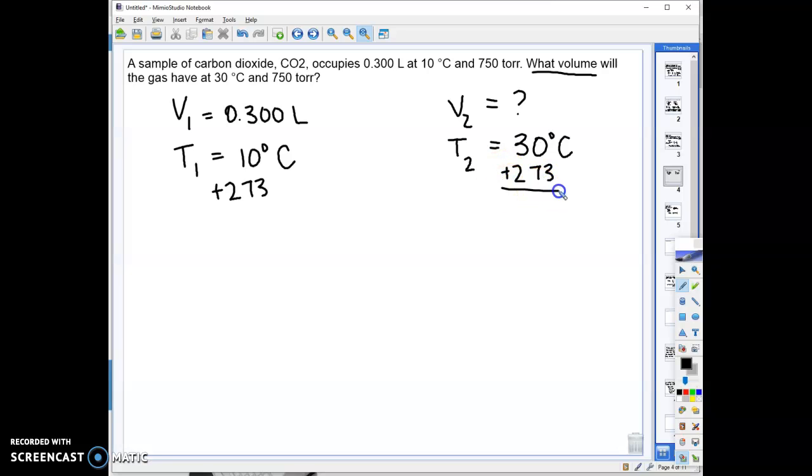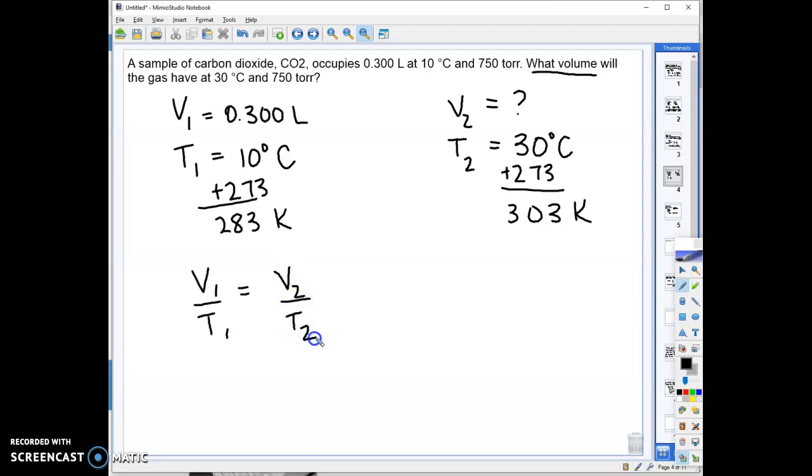Remember, they have to be in Kelvin or our equation will not work. So now that that's done, I'll just set up my formula and plug in my numbers. I'm solving for V2, so I'll just leave that in there. That's what I'm looking for.